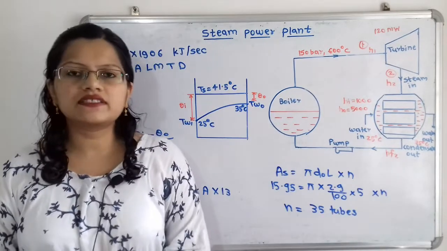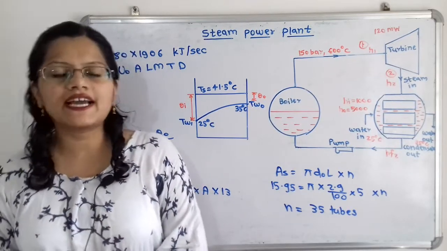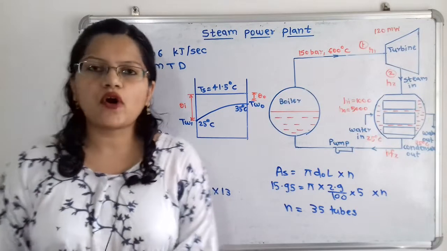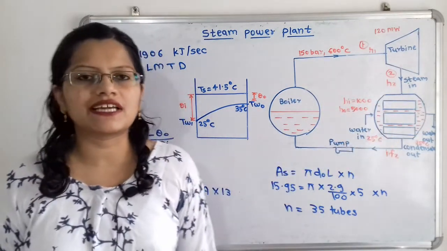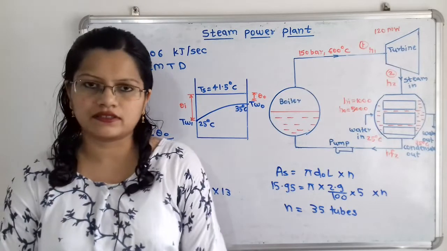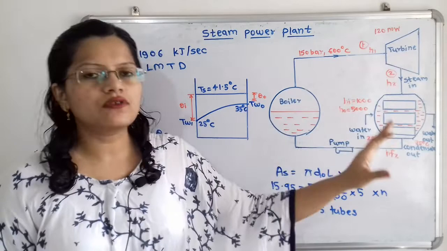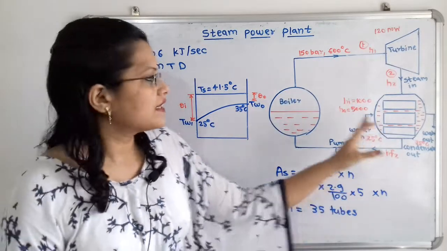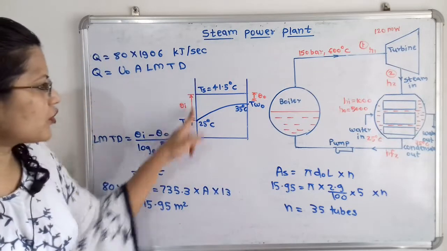Now we will understand how to calculate the log mean temperature difference with the help of a diagram. This log mean temperature difference is related to the heat transfer process that is taking place in the condenser. So here the temperature of steam that we have already found out remains constant, that is equal to 41.5 degrees Celsius. So we have to draw two lines.